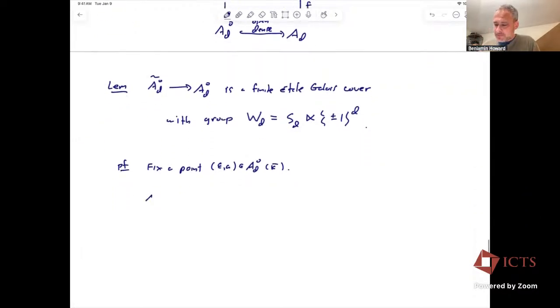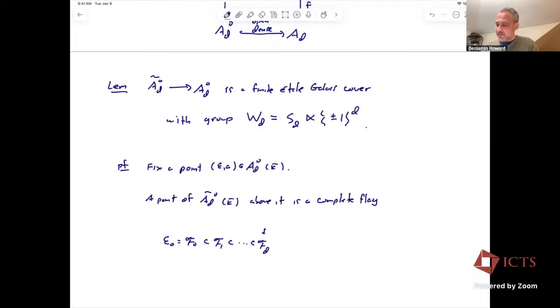Well, a point of AD tilde circ K bar above it is a complete flag E0, F0, F1. You keep enlarging it until you get to some self-dual guy.